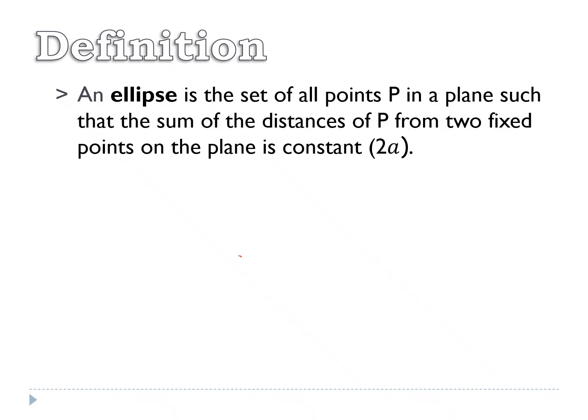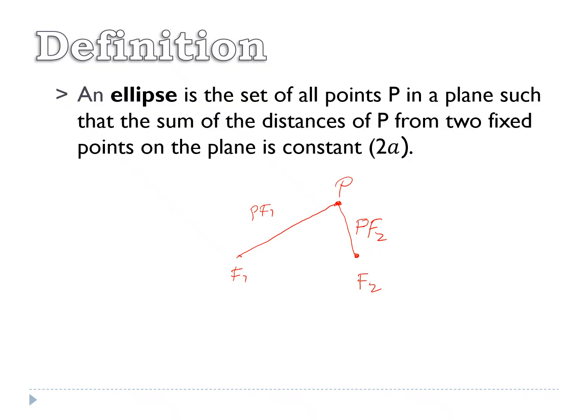So if you have the two fixed points, call this F1 and this F2, and we have a point here, let this point be P. When you connect them, we have PF1, the distance from P to F1, and the distance from P to F2, which we call PF2.